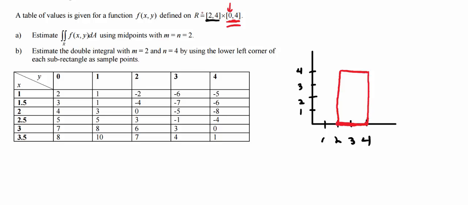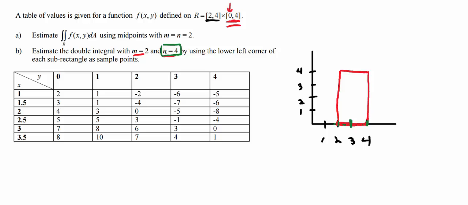Okay, so then we are asked to estimate the double integral with m equals 2 and n equals 4. M is the number of subintervals on the interval from 2 to 4. So we'll just break the interval from 2 to 4 up into 2 subintervals, from 2 to 3 and from 3 to 4. And n equals 4.